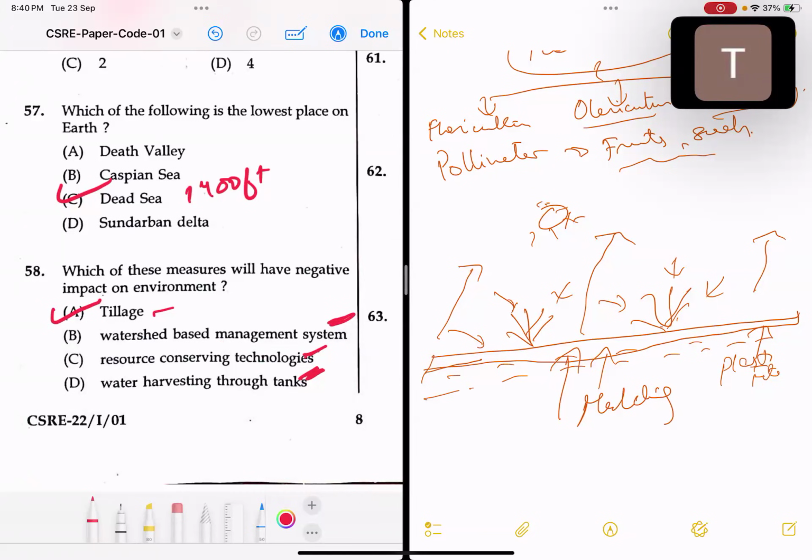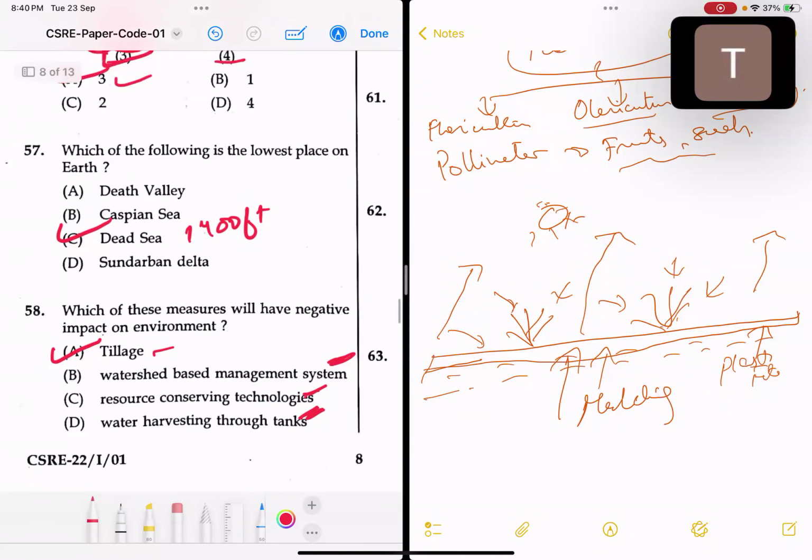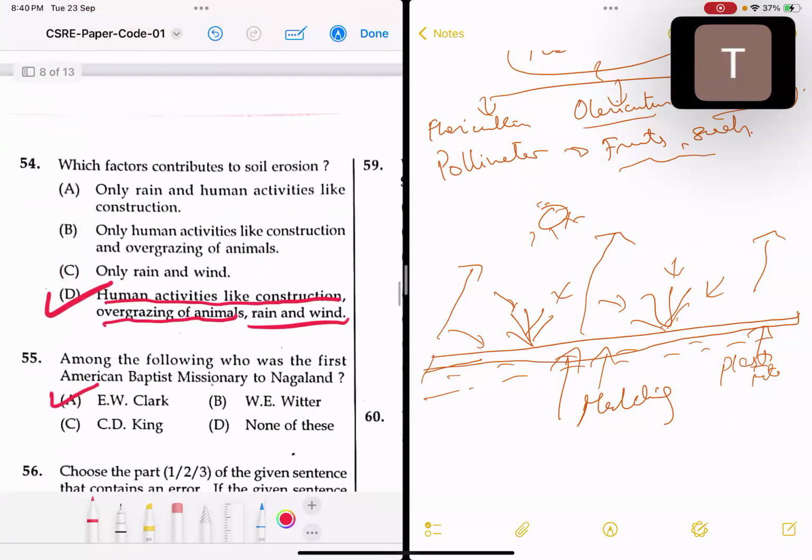Like I've mentioned earlier, when tillage is done, the soil gets loose and it gets easily washed away, erosion takes place easily. Apart from this, it also impacts the microbial organisms present in the soil, and if the soil is tilled so much, the soil also loses its moisture very quickly. Okay, so the correct option is tillage.